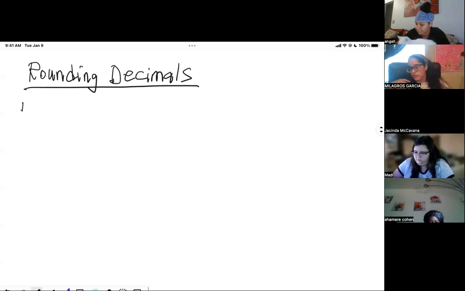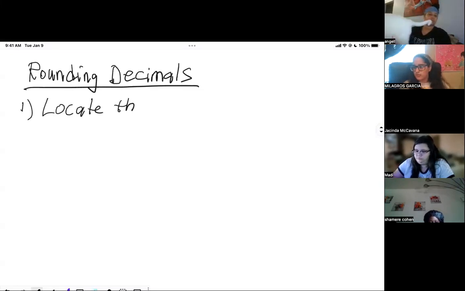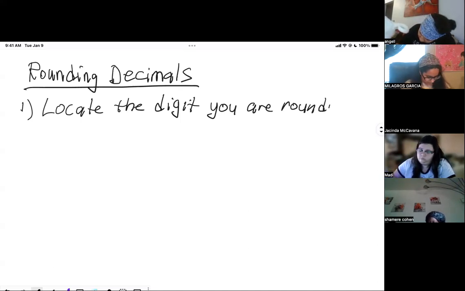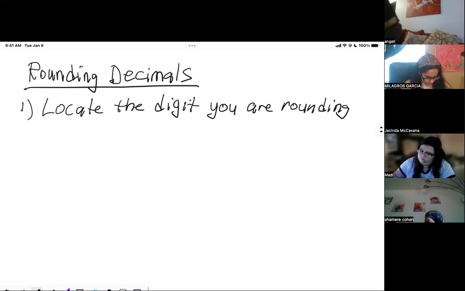Okay, so I sort of wrote out things to look for. So first, you're going to locate the digit you are rounding to. And that's by the directions. Like it'll say round to the nearest tenths, round to the nearest hundredths. So look for that digit in your number, whatever the direction says.